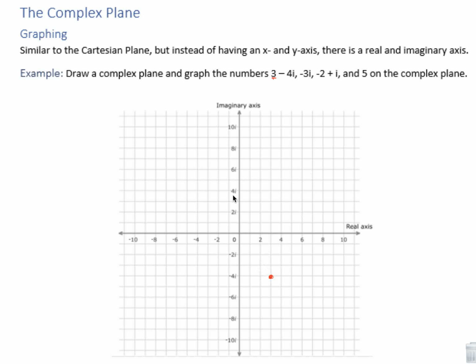We have -3i. Well, there's not a real part there, so we're just at 0 on the real axis, and then we want to go to -3i, which is there. -2 plus i, we're at -2 on the real axis and i on the imaginary axis, and then 5, just 5, so that's a real number, so we're on the real axis, 5. So there's those 4 points. Very simple to graph.